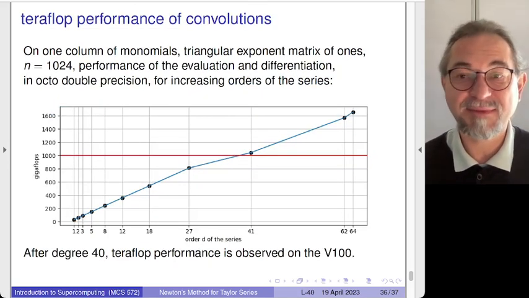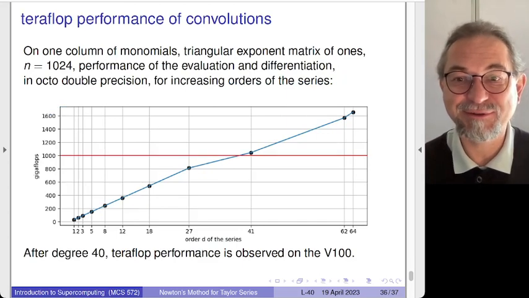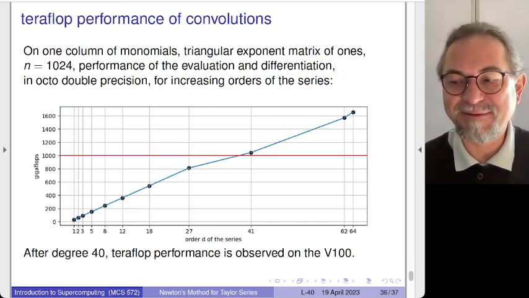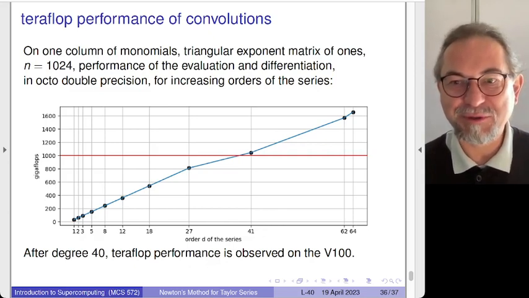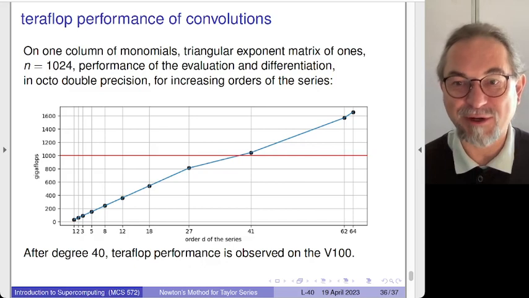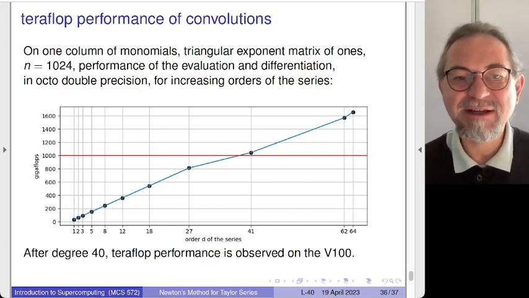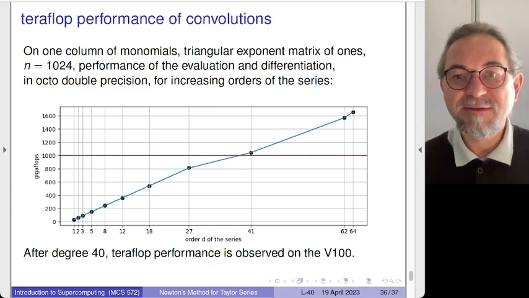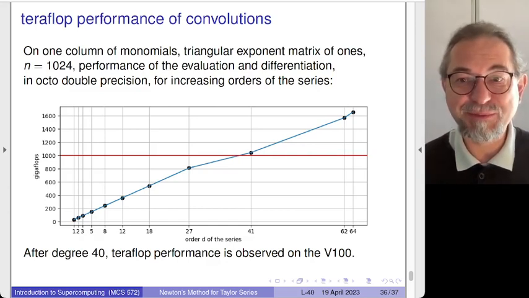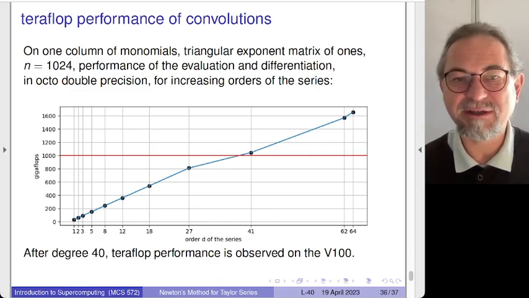Okay, how large a degree do you actually really need? That's a very interesting mathematical question. And again, if you know extrapolation algorithms, that degree should not be 40. But if you look at it from the other perspective, for the convolutions, we actually want large degrees. Then with degree 40, we actually have teraflop performance on Volta in octo-double precision. So from the perspective that you want to keep your GPU busy, have high degrees, certainly.